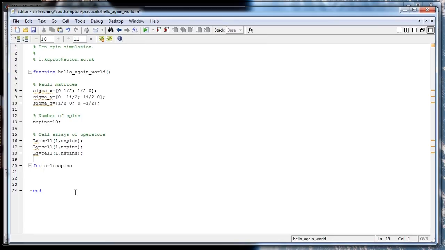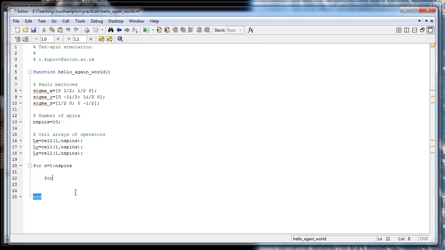So initially, let's say our Lx will be initialized to just 1, and then we'll cron it up. We'll be making direct products with Pauli matrices as we go and populating those things. So we are now looping over the operators, and for each operator we will have to start from just unit and then cron things up as it goes.